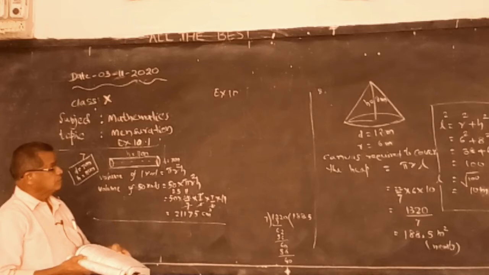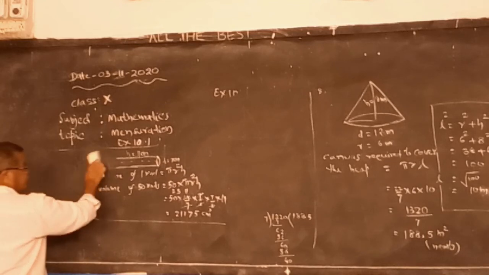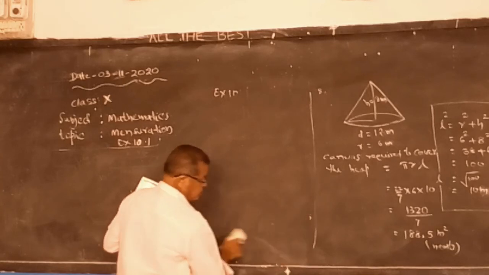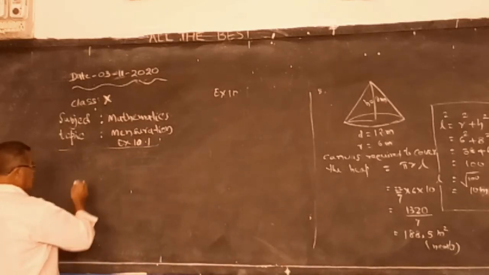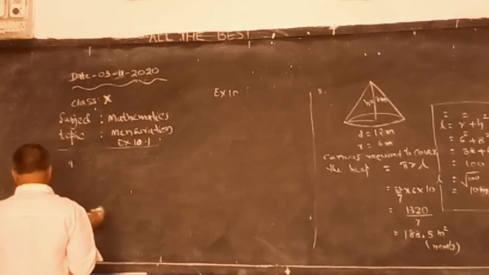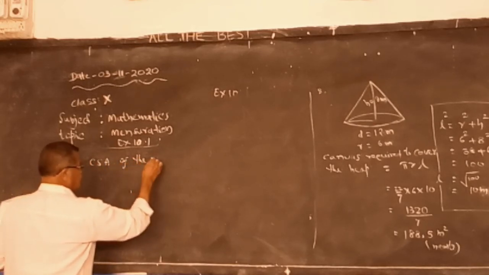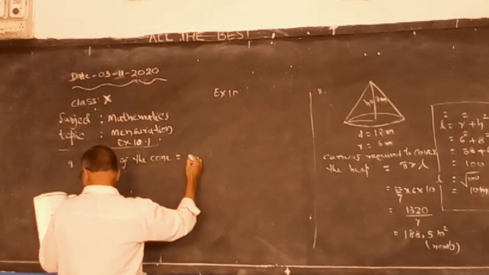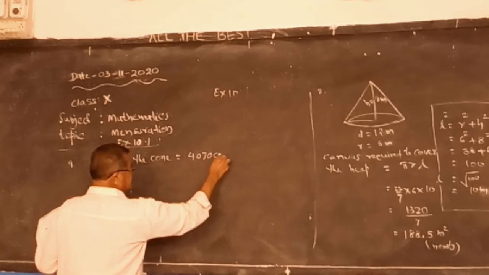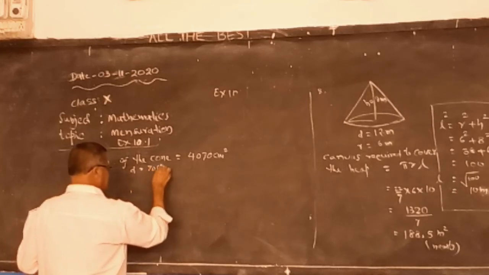And the last problem in this exercise, the ninth problem. The CSA of the cone and the diameter are given. What is the slant height? CSA of the cone given is 4070 cm square and the diameter d is equal to 70 centimeters.